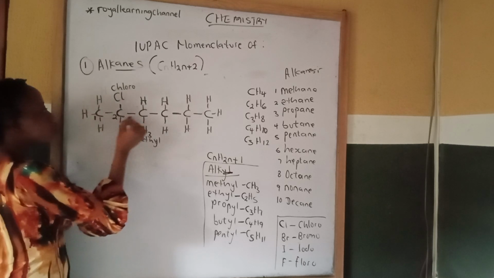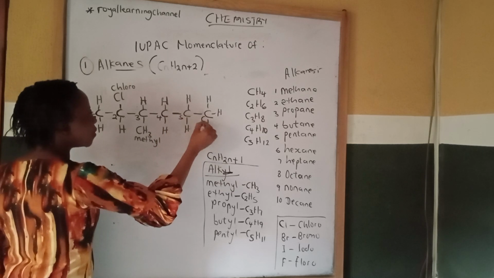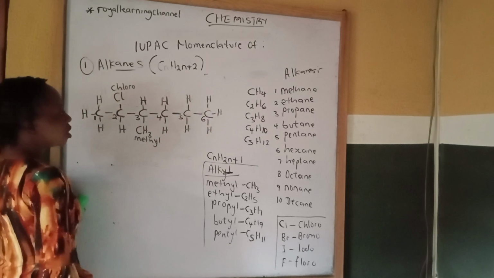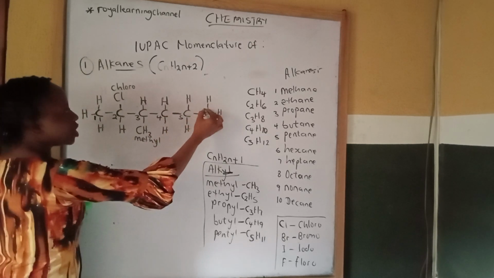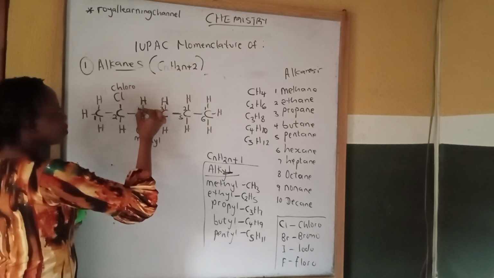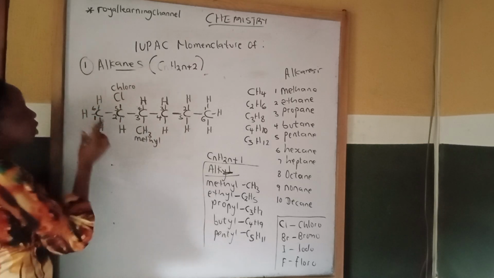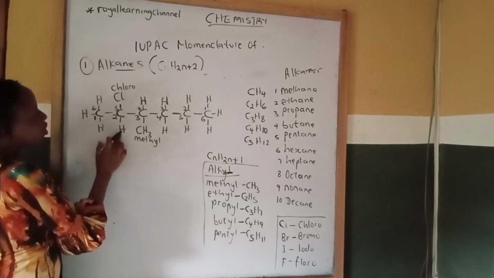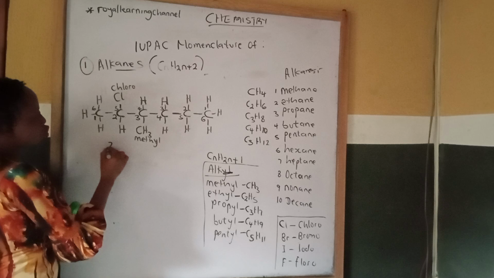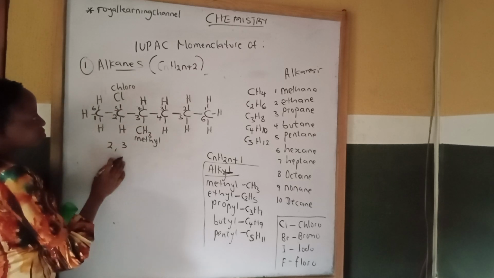If I number from the right hand side, 1, 2, 3, 4, 5, 6. From the left hand side, the first substituent is 2, then the second, comma, 3.